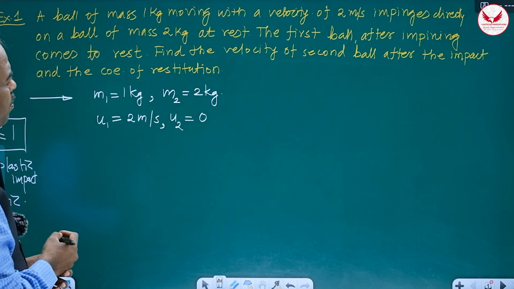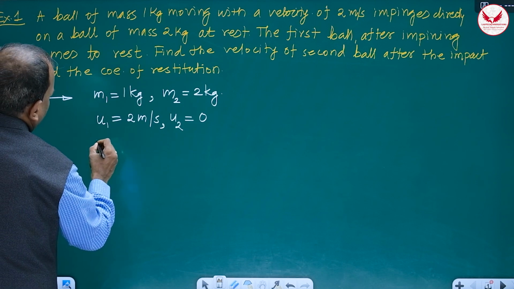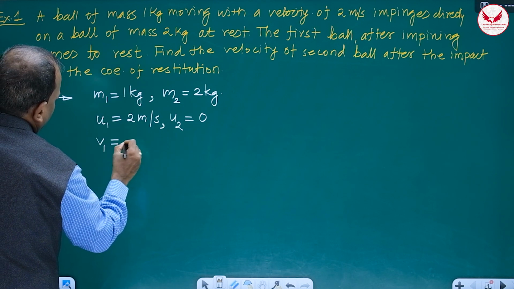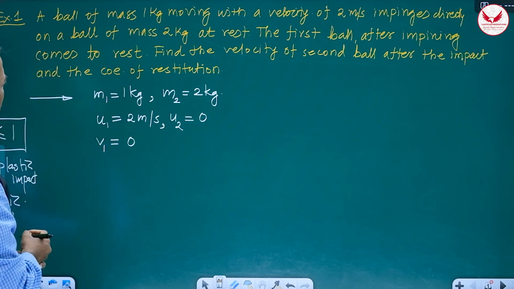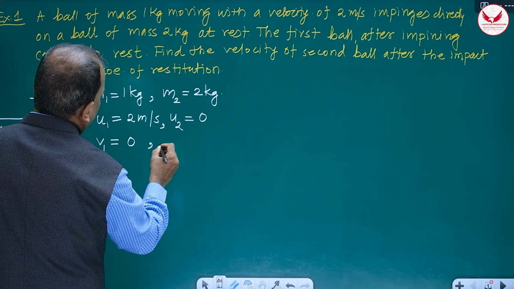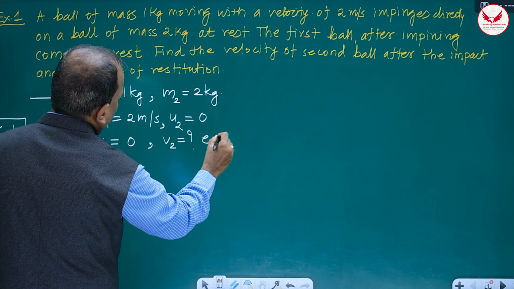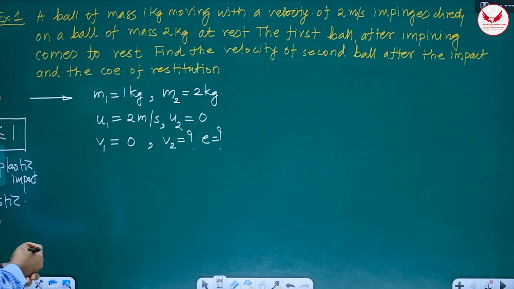The first ball after impinging comes to rest, which means after the impact the velocity V1 is going to be 0. Find the velocity of the second ball after the impact and the coefficient of restitution. So what is V2 and what is E? Now see how easily we can solve this problem.